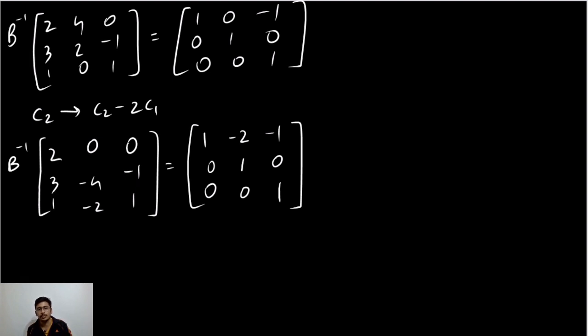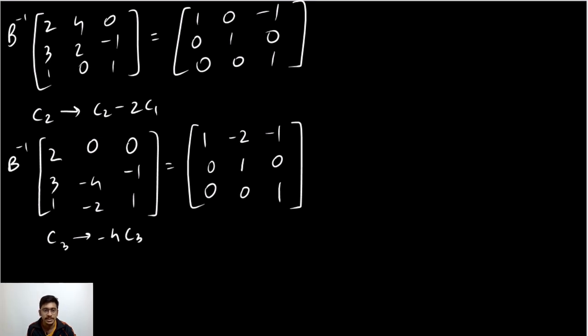The next step is to make this fellow 0 and also to make this fellow 0. So how can we do that? Let's say C3 becomes minus 4 times C3.